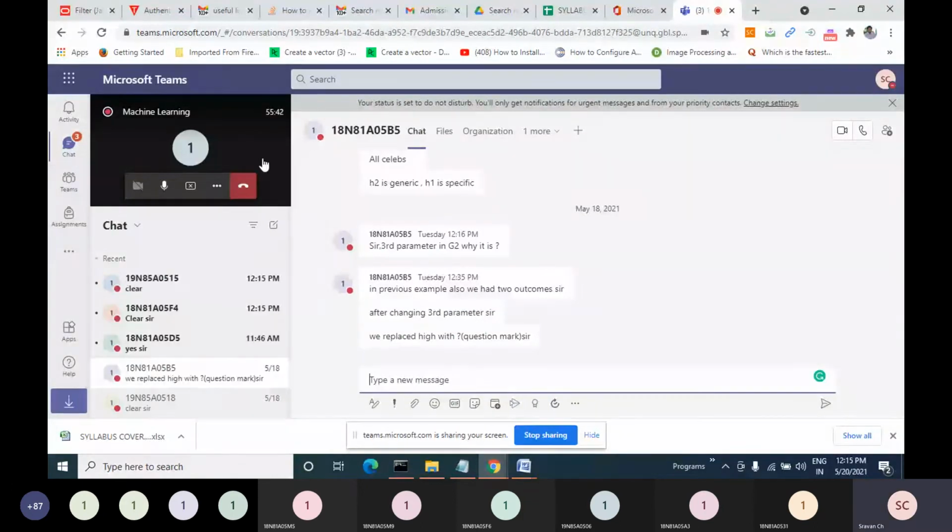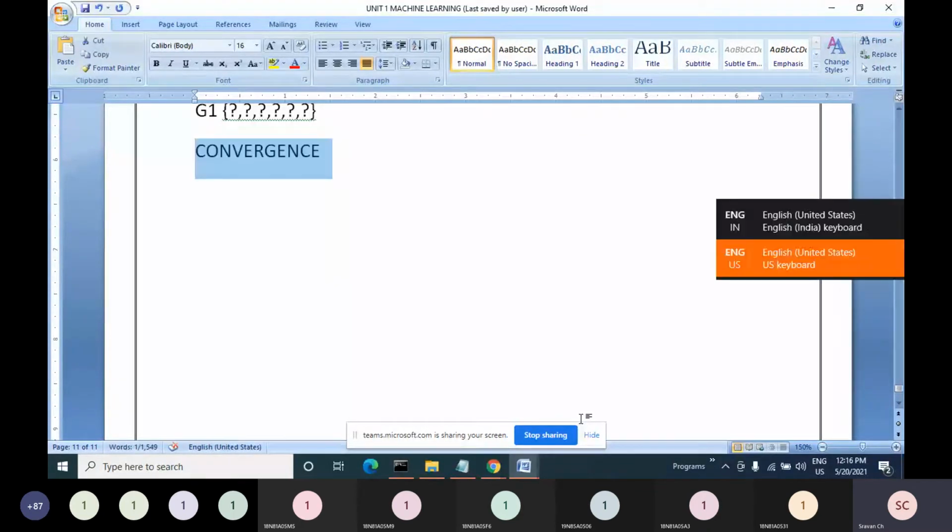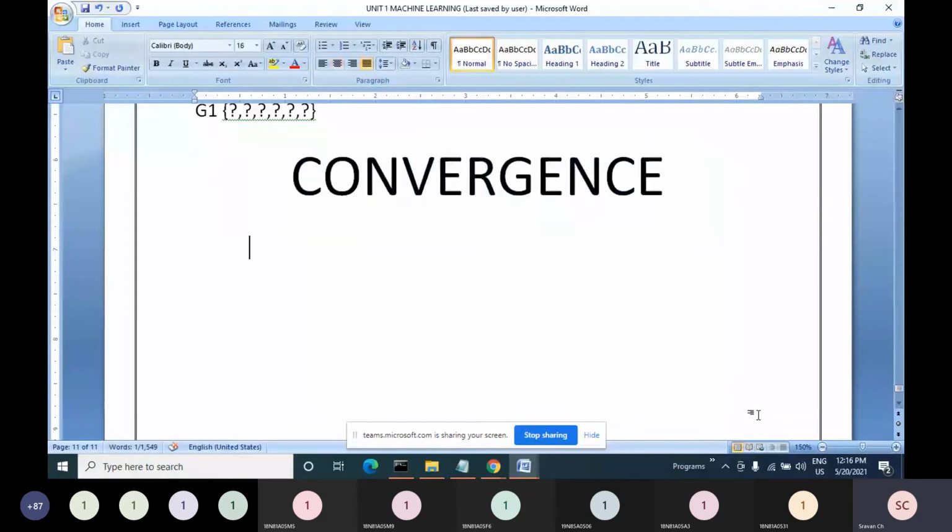Right. Now, one important point we will discuss, friends. I want everyone to pay attention. Convergence. This is an important word, my dear friends, and we will be using this word more often when we discuss neural networks also.